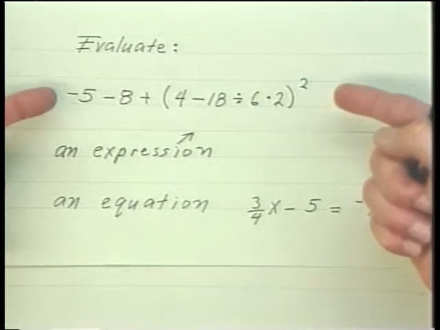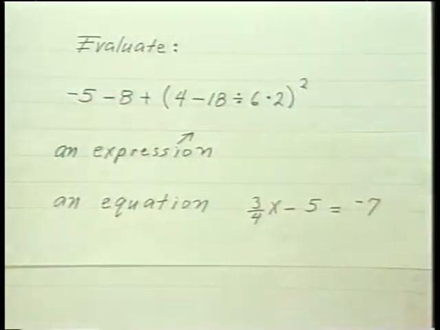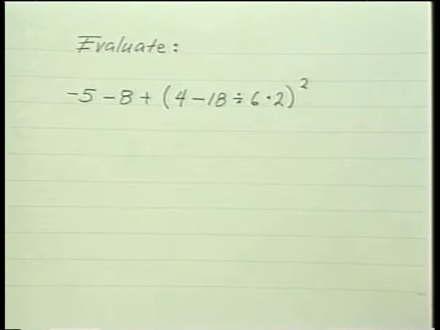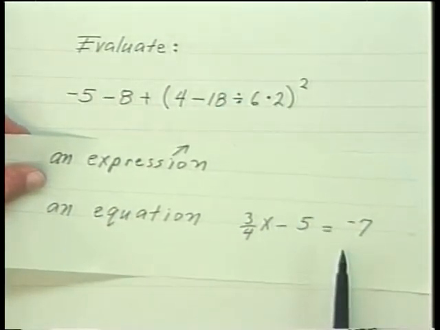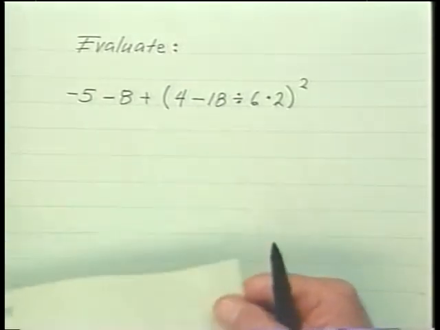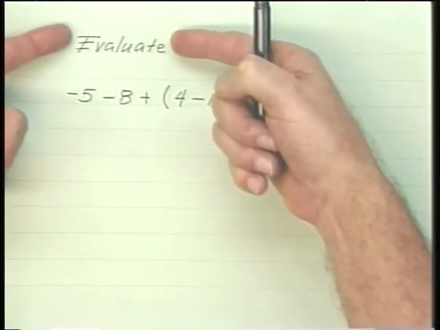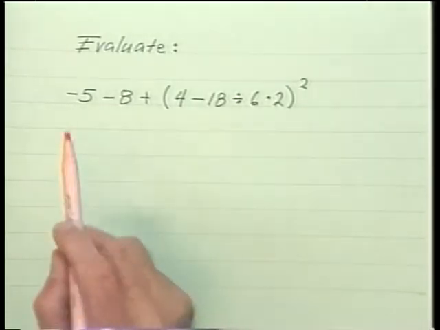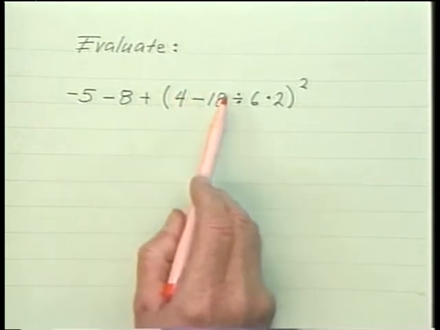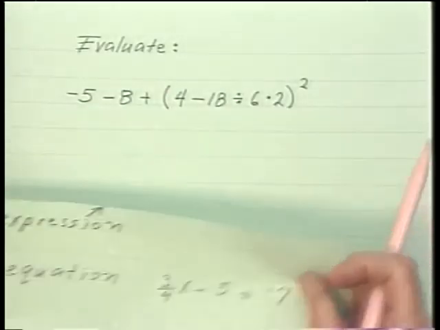An expression is simply a group of symbols that ultimately stands for one number. Well, whether you're looking at an equation, and we'll do this one next, or an expression, evaluating it, which means finding that one number it's equal to, in both situations you don't look at the constants, nor in the equations the variable.